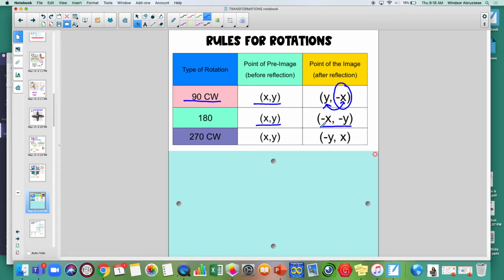I don't switch them. X stays first, y stays second. I just do the opposite. That minus sign in front tells me the opposite. So if it's positive, I make it negative. If it's negative, I make it positive. And then 270 clockwise, I have my original coordinate, and I flip-flop them, and I do the opposite for y.